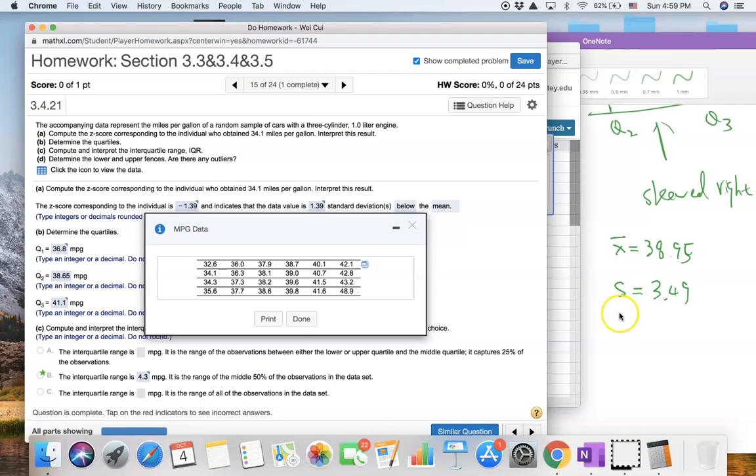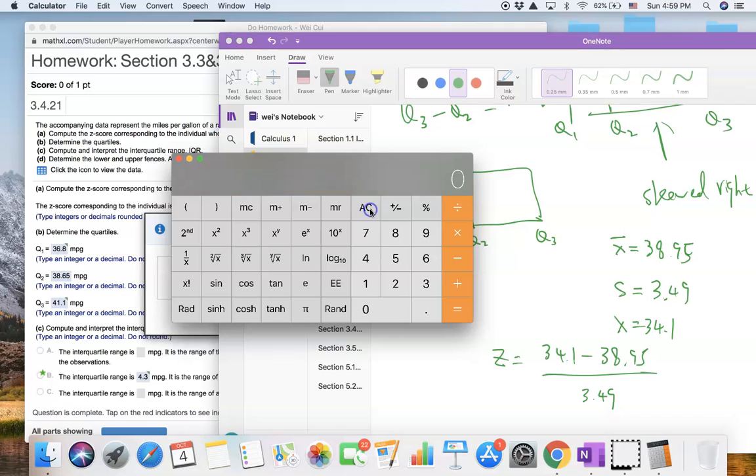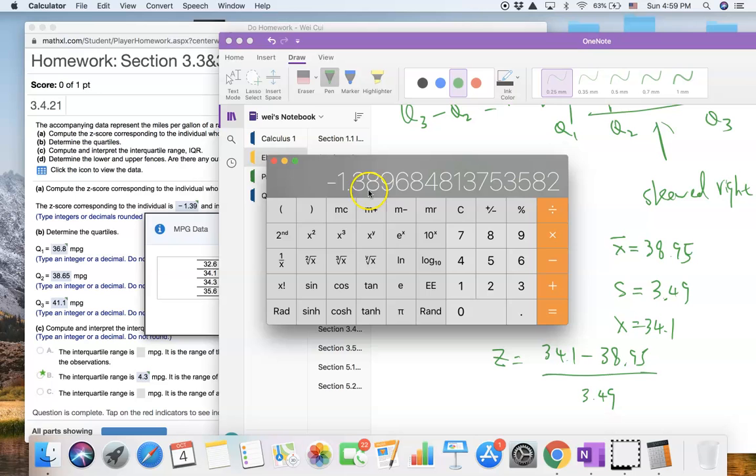So x equals 34.1. So the z-score equals 34.1 minus 38.95 over 3.49. So it's a negative 1.39.